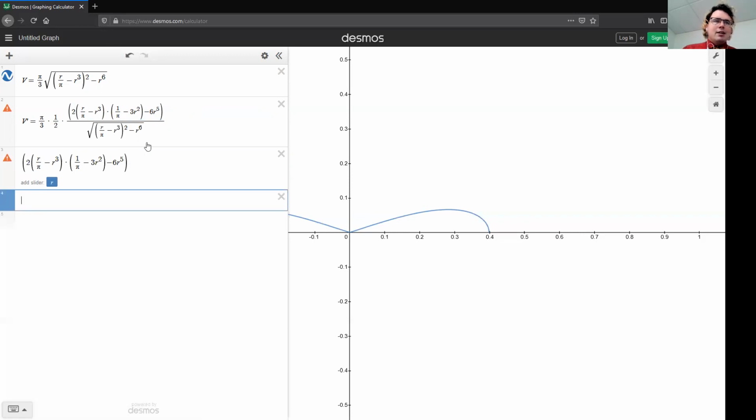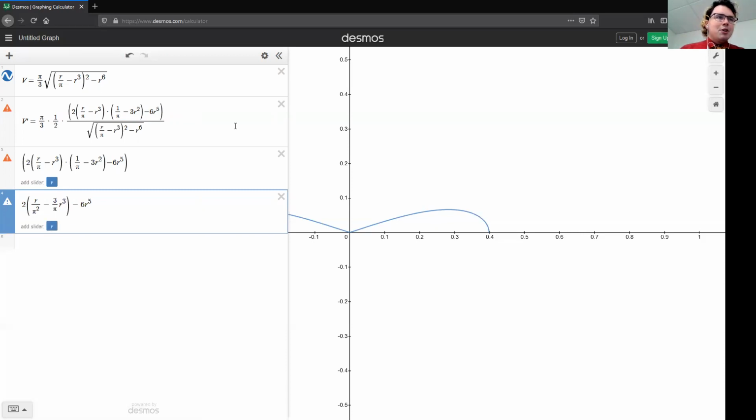So I can FOIL this out, and what am I going to get? So when I go to FOIL, I'll have 2 times some stuff, and I'll be subtracting 6r squared, or excuse me, 6r to the power 5. Not too bad. My first 2 terms, I've got r over pi squared. My outer 2 terms, I've got negative, let's see, 3 over pi is my coefficient, and I've got r to the power 3.